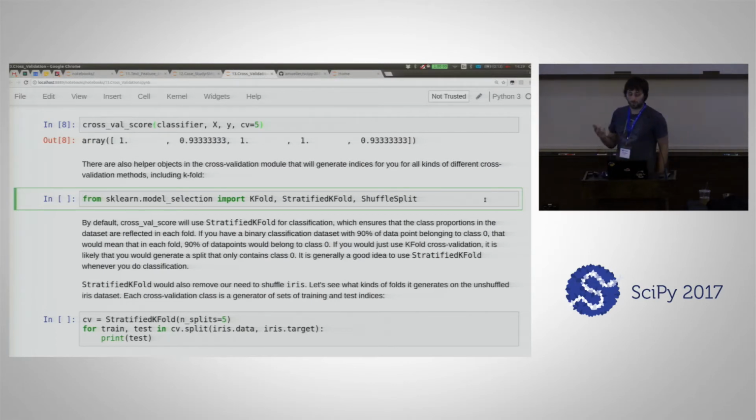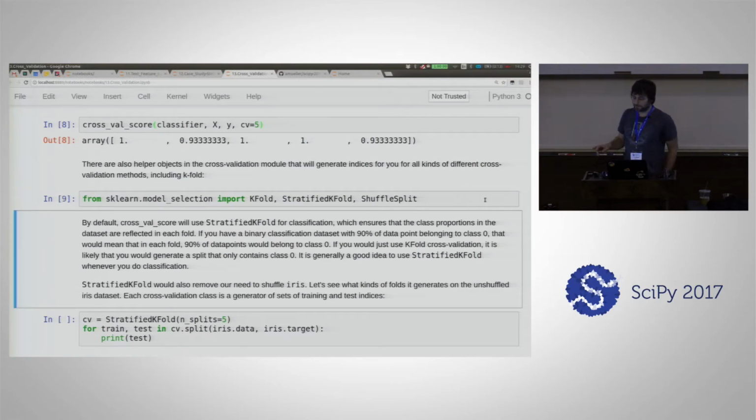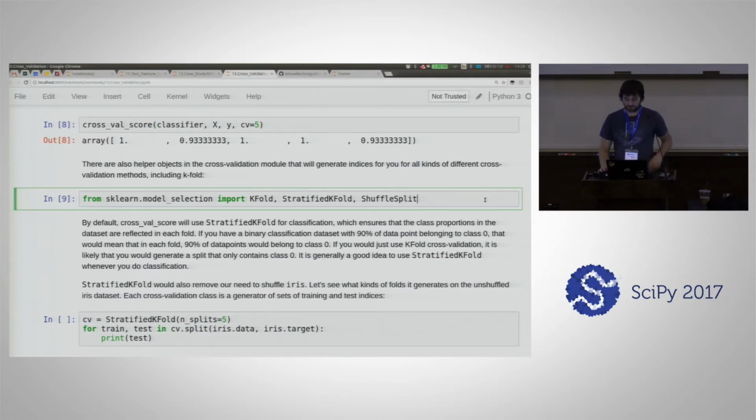If you want more control over what's happening there, there are some cross-validation generators that are used to generate these splits. They're all in the model selection module as well. The standard ones are KFold, which is just splitting basically arbitrarily, StratifiedKFold, which takes the classes into account, and ShuffleSplit, which does repeated random splits.